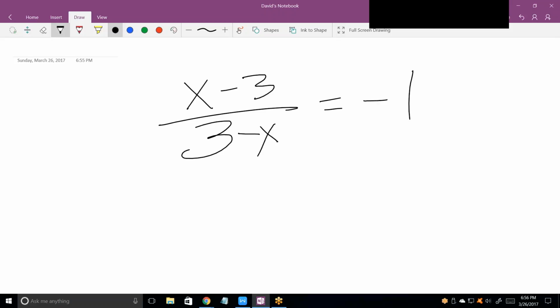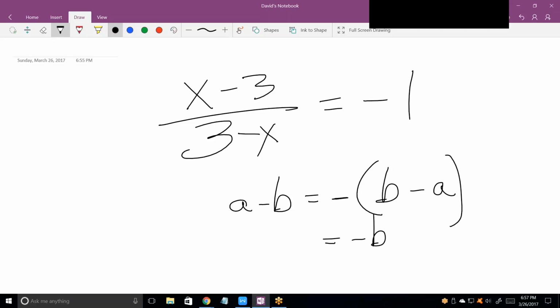The general rule is this: a minus b is always equal to the negative of b minus a. And you can prove that. Distribute that negative sign and you end up with negative b plus a, which is the same as a minus b. Which means that whenever you have an a minus b over a b minus a, you're looking at negative 1.